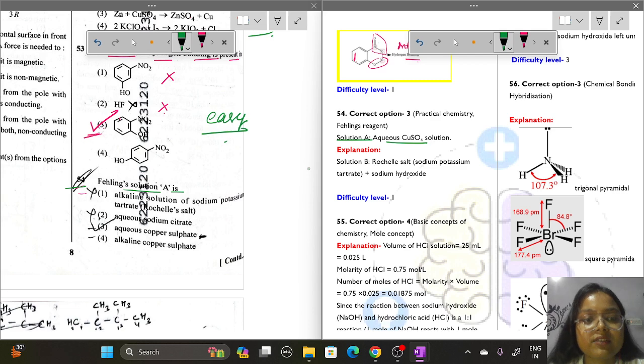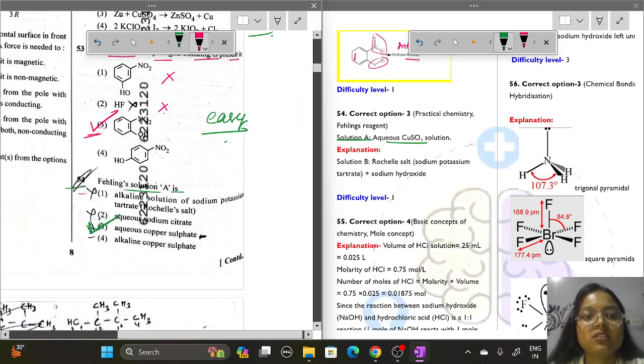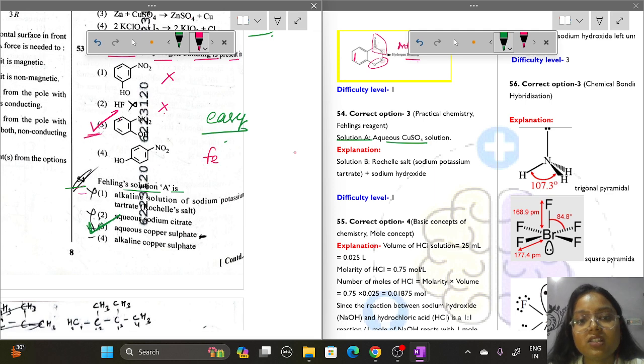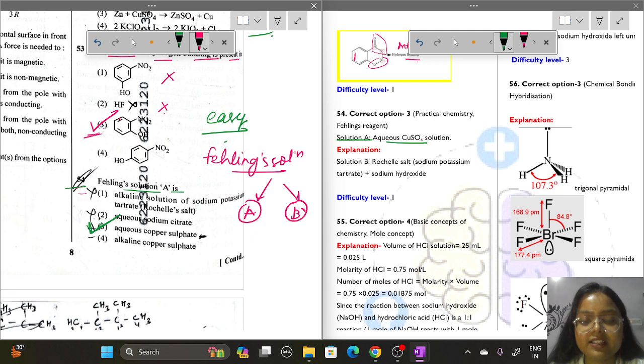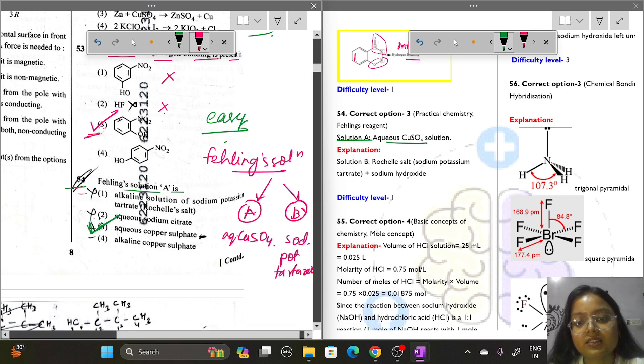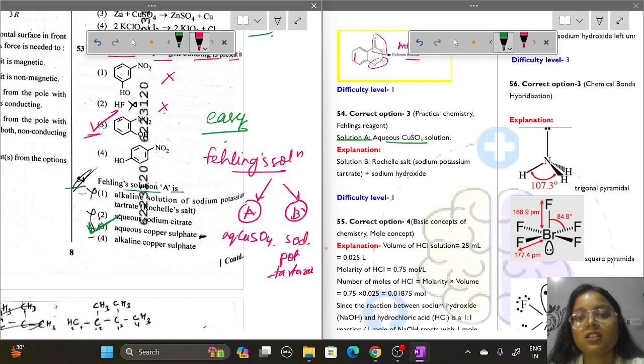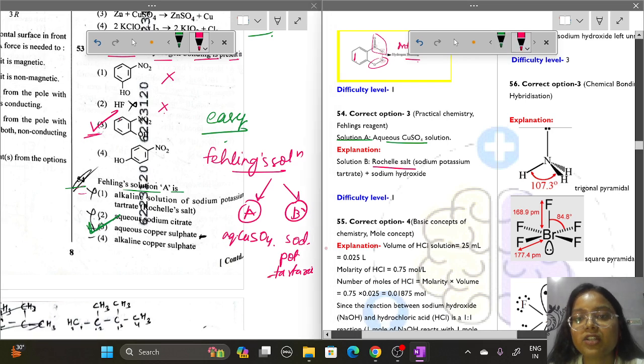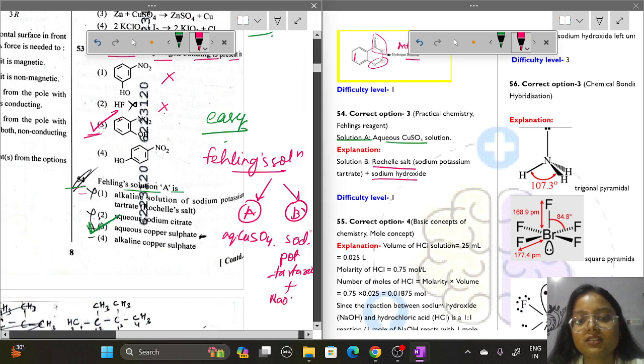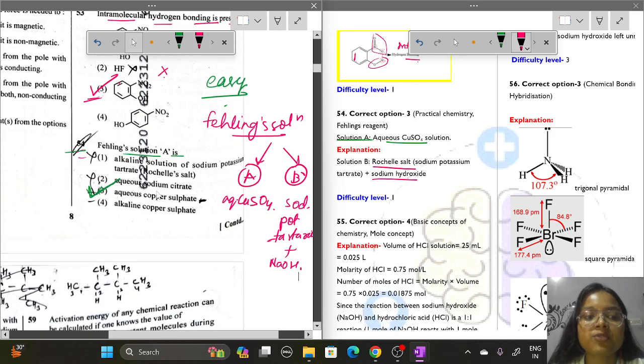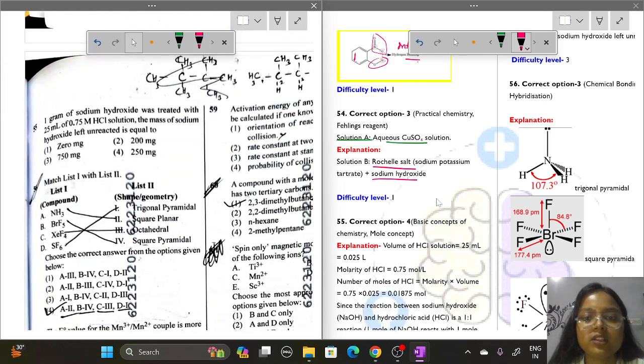Fehling solution is composed of two types of solution, A and B. Fehling solution A is aqueous copper sulfate solution and Fehling solution B is sodium potassium tartrate, or it is also called Rochelle salt, plus sodium hydroxide. Okay, so option number 3 is correct for question number 54.